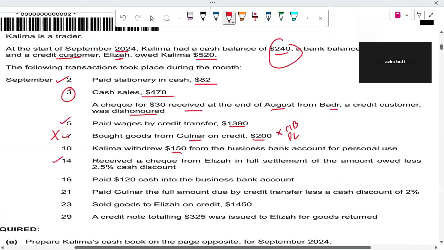On 14th September, we received a check from Elizah in full settlement of the amount owed, less 2.5% cash discount. Basically Elizah owed us $520 and we have given her a 2.5% discount. If you multiply 520 by 2.5%, you get a discount of $13.